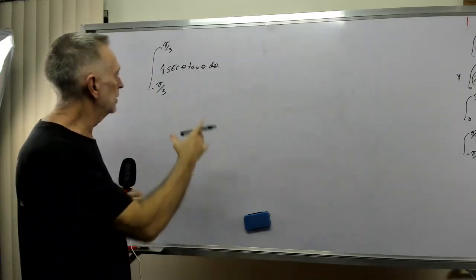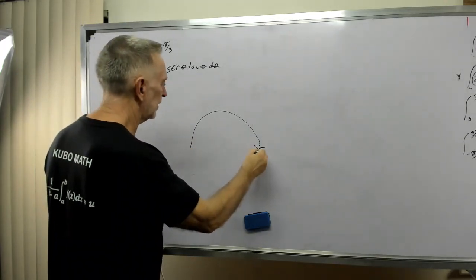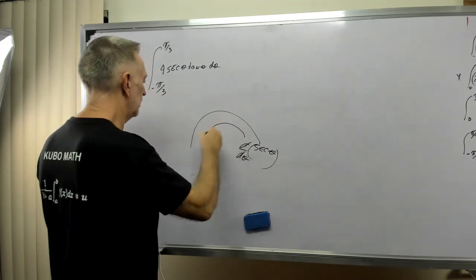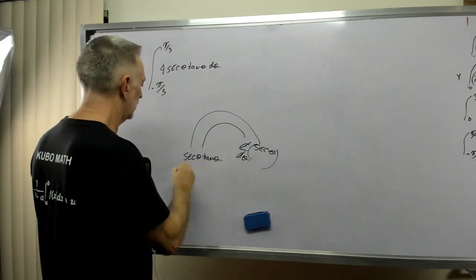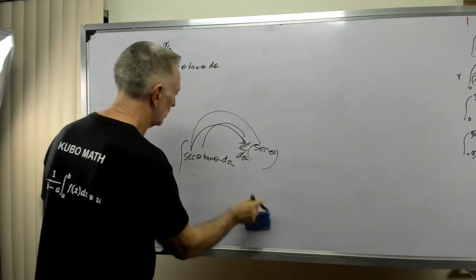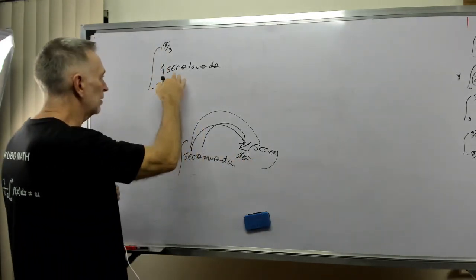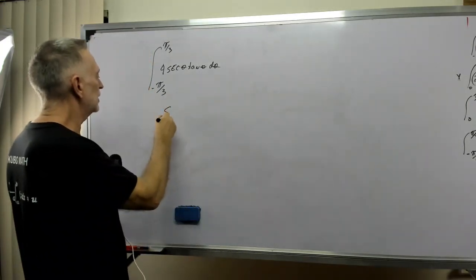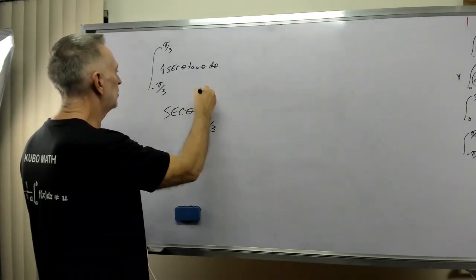So if I take the derivative of secant theta with respect to theta, I end up getting secant theta tangent theta. Well, if I integrate this with respect to theta, I go back that way. So the integral of secant theta tangent theta puts me back at secant theta, from minus pi over 3 to pi over 3.